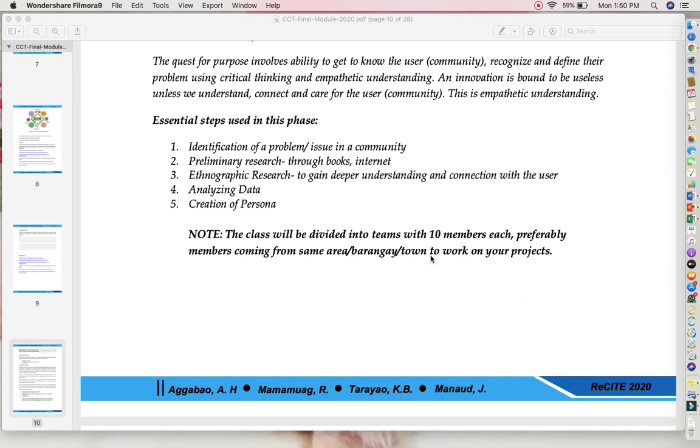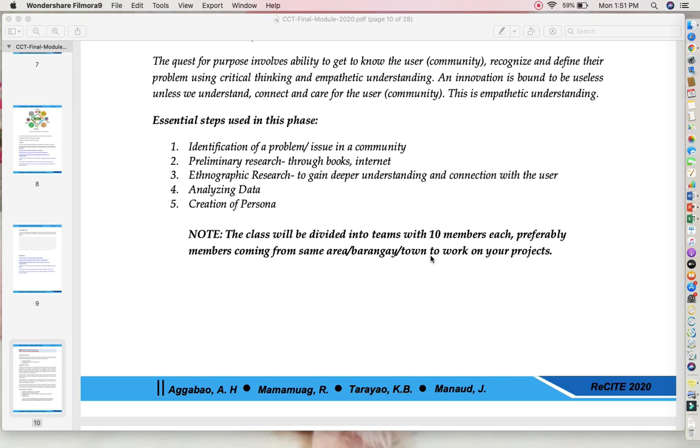These are the essential steps used in this phase. For phase 1, number 1 step is identification of a problem or issue in a community. Number 2 is the preliminary research. You have to research through books, and most of the groups can research on the internet.